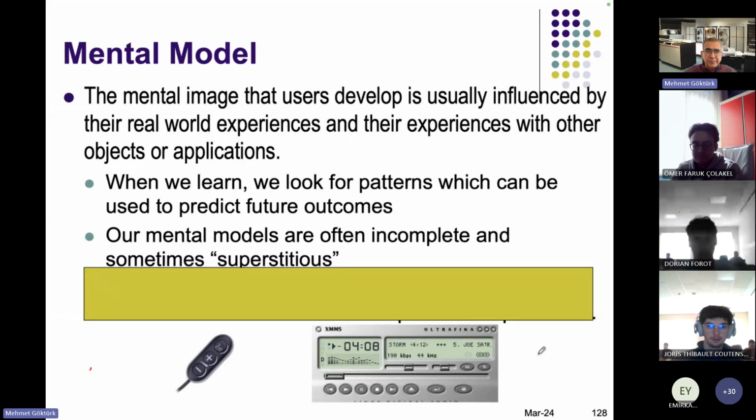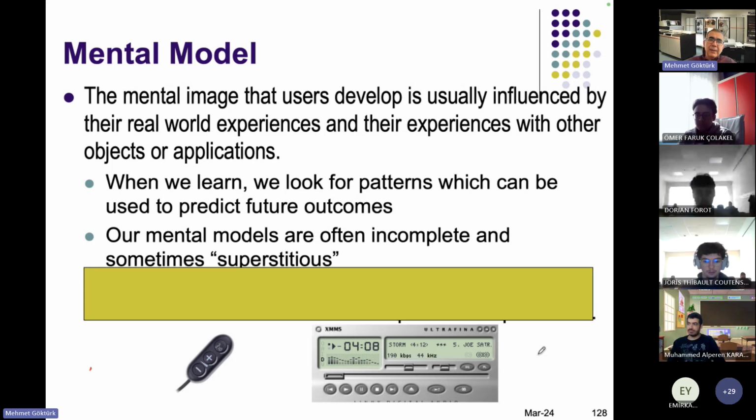For example, we have other friends listening to me, and I conclude that they are paying attention because of the visual cues. That's why I want students to have their cameras turned on, because then my mental model about the class becomes more realistic.